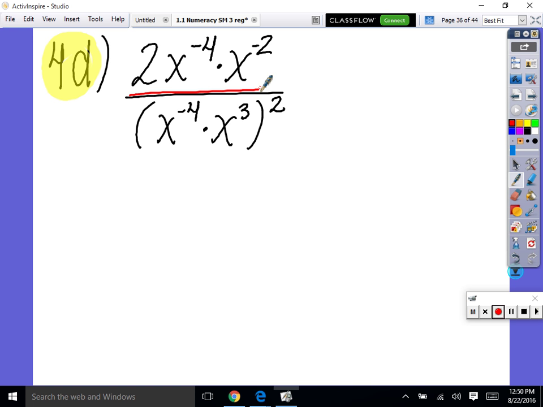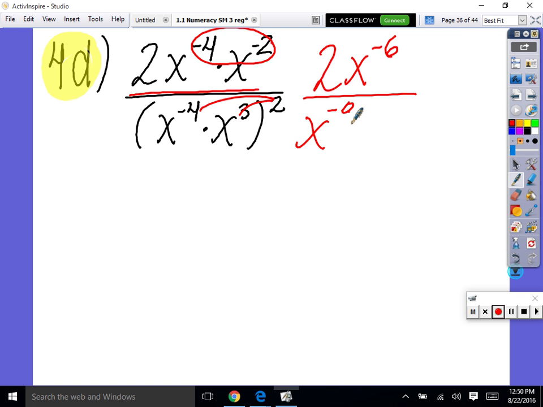When you multiply, so we have 2x to the negative 6 on top, right? And on bottom, we are raising powers to a power, so we multiply. Okay, and there's a few different ways we could simplify this. You multiply. So we have x to the negative 8 times x to the 6, right?